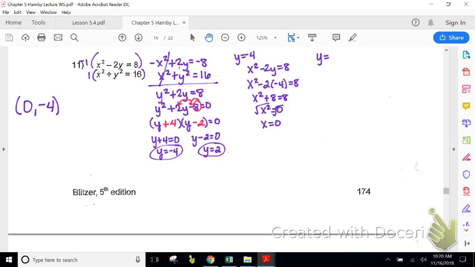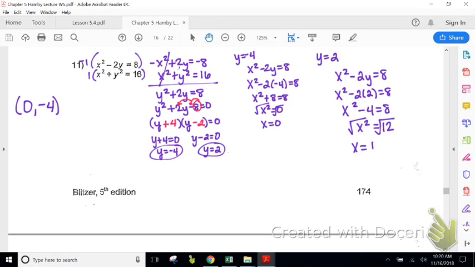And so let's try when y is 2. I'm going to use the same equation. So x equals plus or minus, and we've got to go find the square root of 12.